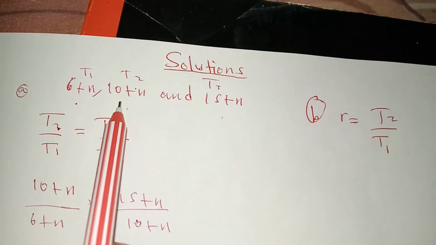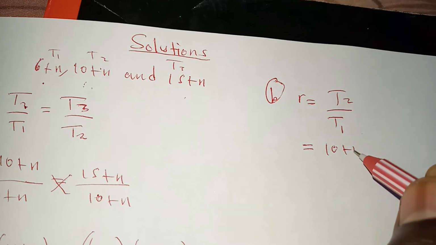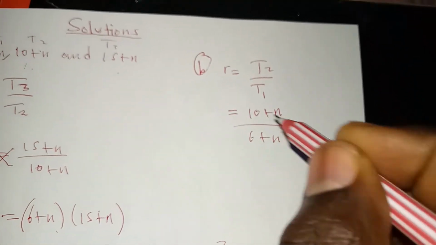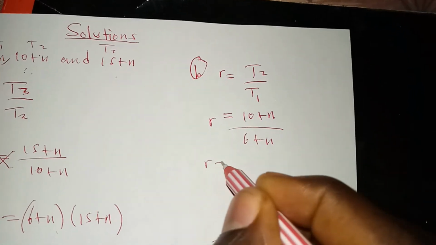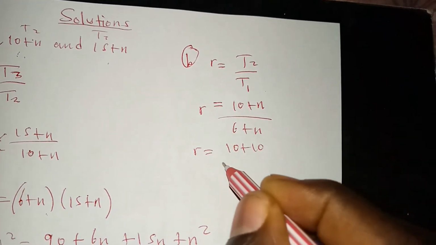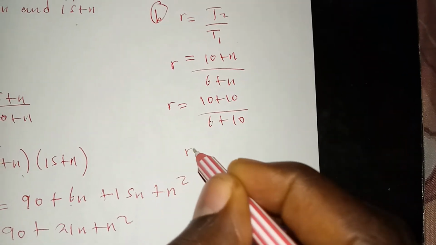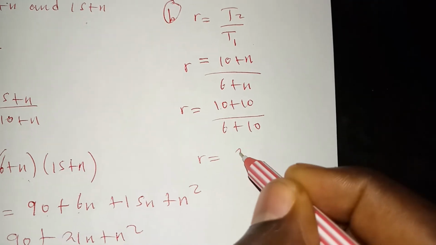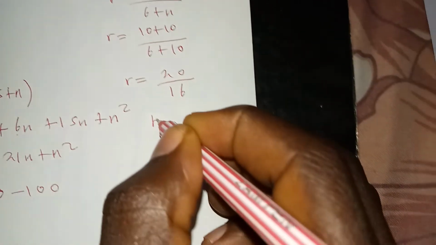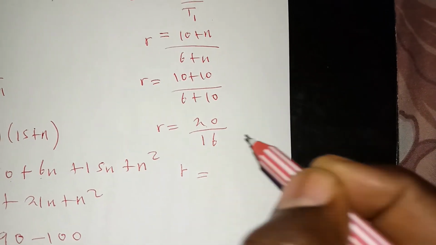So our second term is 10 plus n, so it will be equal to 10 plus n divided by the first term is 6 plus n. Then the common ratio will be, since n is 10, 10 plus 10 over 6 plus 10. And this r finally to be 10 plus 10, that is 20 over 16. Then r is equal to 20 divided by 16.